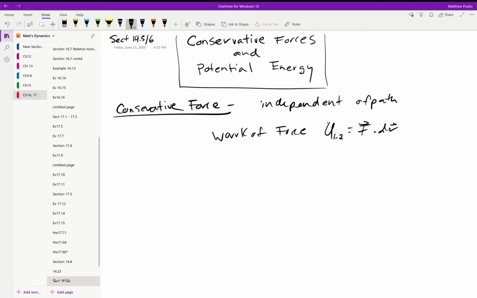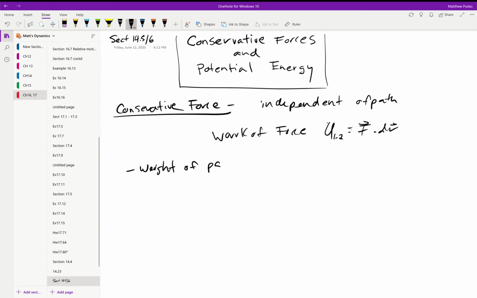We can still use the conservation of energy methods with non-conservative forces, and I'm going to show you how. But for now, let's just take a look at some conservative forces. Some examples would be the weight of a particle.